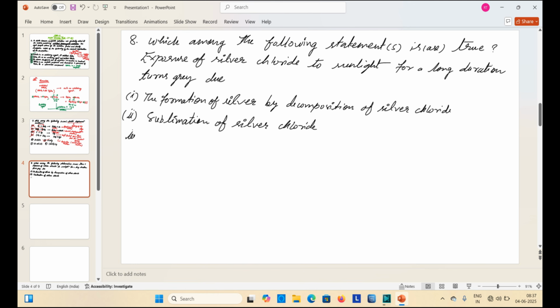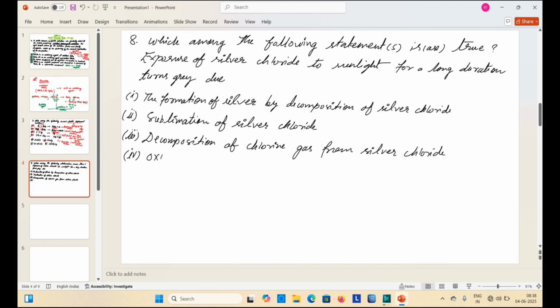Third, decomposition of chlorine gas from silver chloride. Fourth, oxidation of silver chloride.